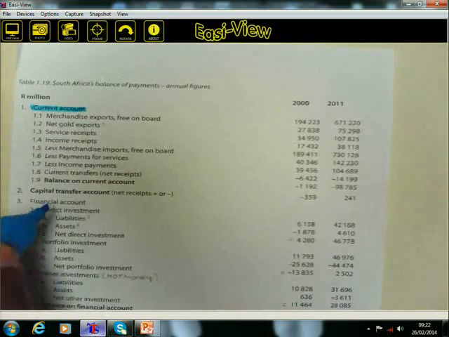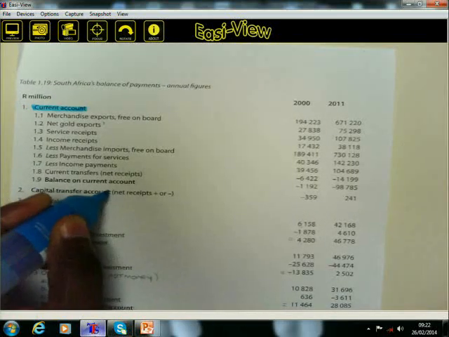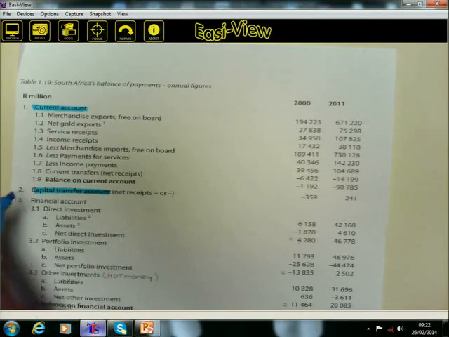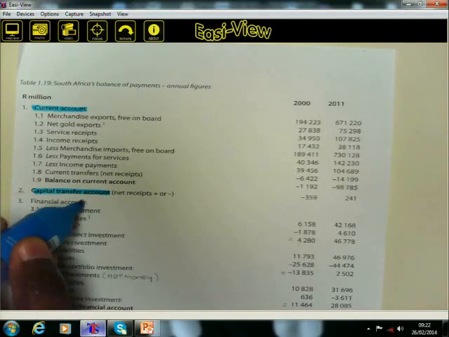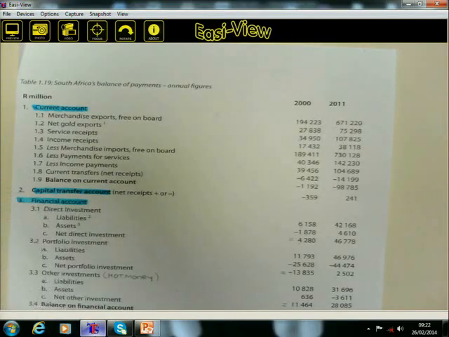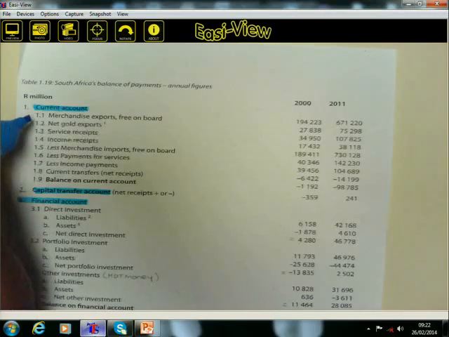The second one is the capital transfer account. The third one is the financial account. And the last one is changes in reserves. These are the 4 accounts of a balance of payment. Therefore, it's very important that we know the items of each account.